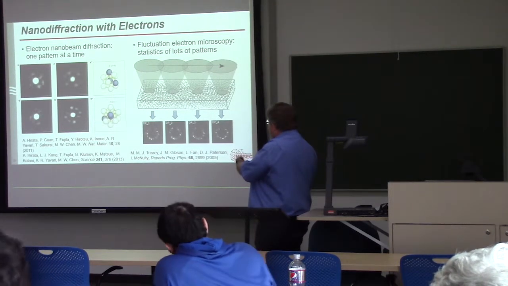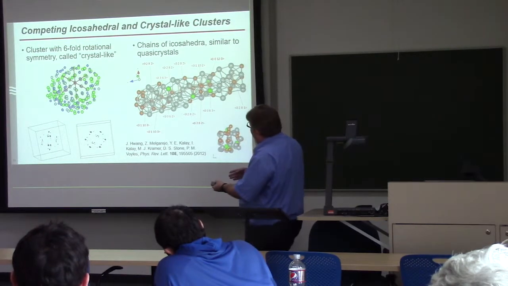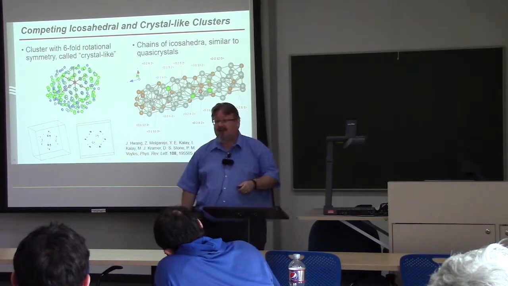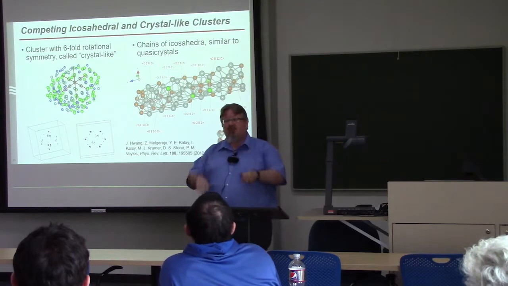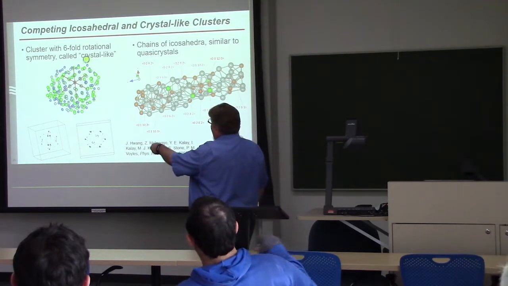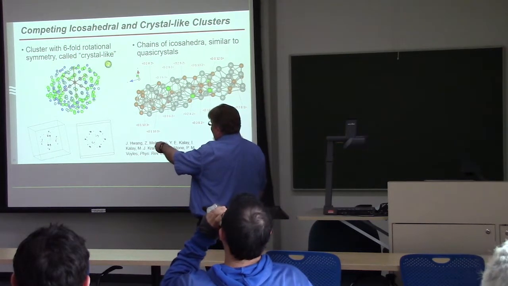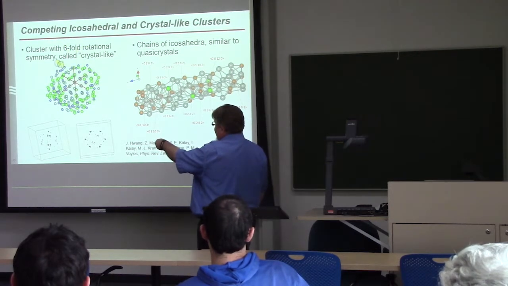And from those data, we have discovered that at least two types of metallic glasses exhibit a competition between two structure types, one of which has local six-fold rotational symmetry, which we call crystal-like because that's a crystallographically allowed rotational symmetry.